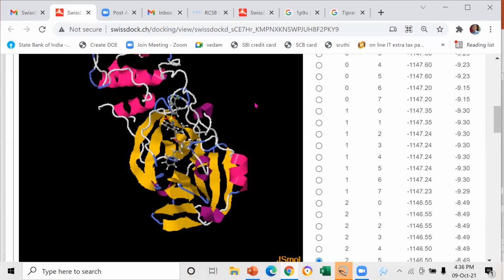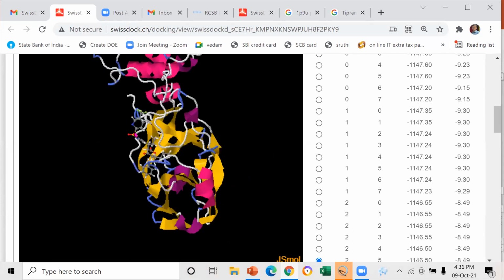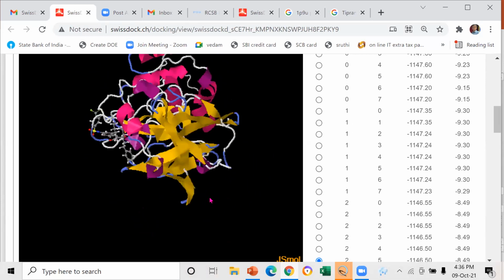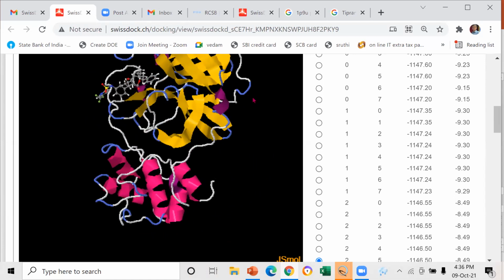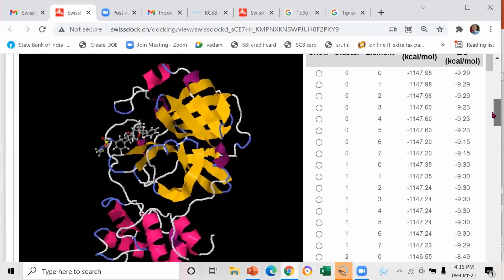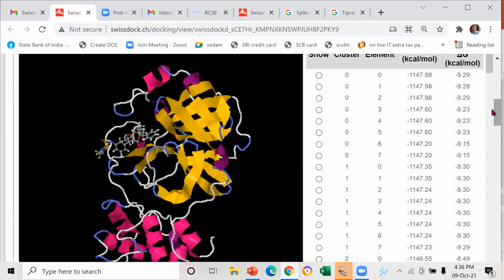Sir, I have one question. If anyone wants to know the docking score of this protein-ligand docking, how will we check that? What is the docking score of this? Delta G. No, this is the binding energy which is given here. For this software, there is no docking score kind of thing. Only 1 or 2 softwares use it.